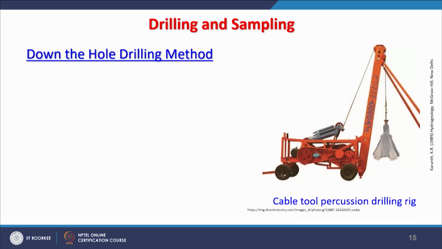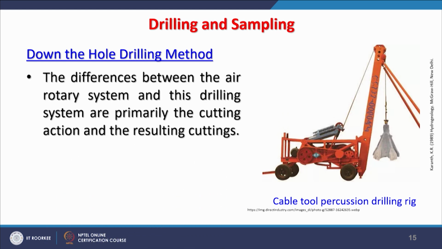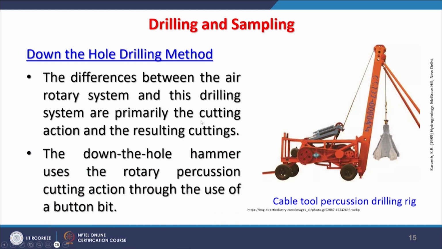So, basically in the down the hole drilling method, which we also call DTH, the difference between the air rotary system and this drilling system is primarily the cutting action taken by these drill bits, and the resulting cuttings.